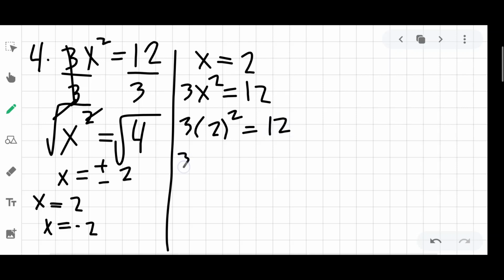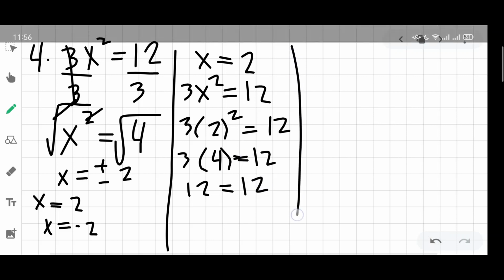So, bring down 3. 2 times 2 is equals to 4 equals 12. 3 times 4, the answer is 12. Equals 12. So, correct ang sagot natin since parehas sila.